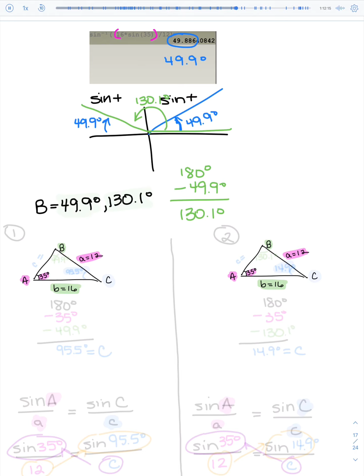So I've got a first triangle here on the left and a second triangle here on the right that are so far what we have for possibilities. Now notice if I fill in the 49.9 on the first triangle. Let's see.